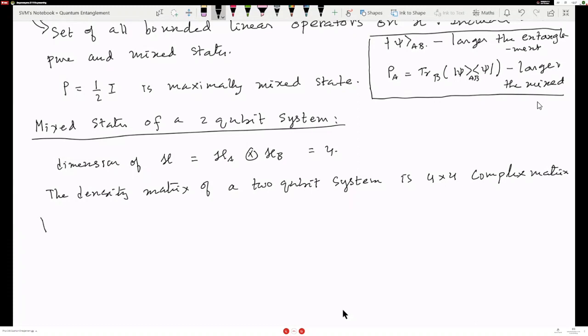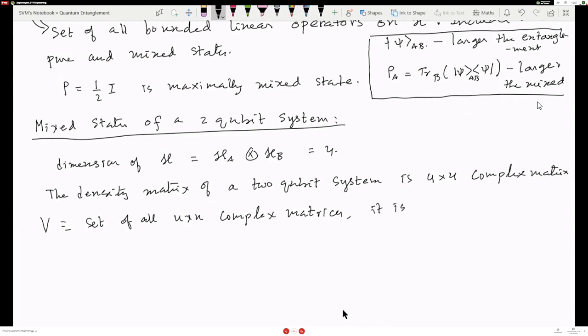Now, consider V, which is the set of all 4x4 complex matrices, and it's a vector space.